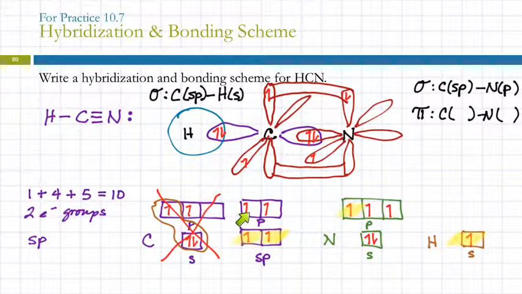So carbon's using one of its p orbitals, and nitrogen is using a p orbital. So that's the description for that pi bond. As far as we are going in this class, pi bonds will always be between p orbitals, not hybrid orbitals. The hybrid orbitals are going to form the sigma bond, and the unhybridized p orbitals are going to be left to form the pi bonds.